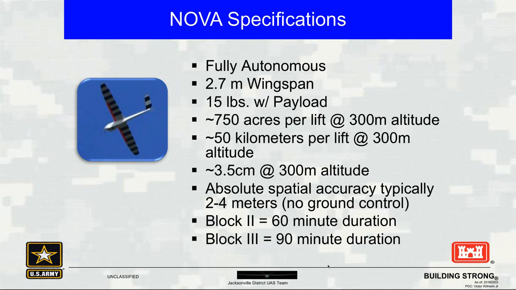These numbers may have been adjusted a little since this slide was put together, but you can get about 750 acres per flight at a 300 meter altitude, which gives somewhere around 3.5 centimeter resolution imagery, as we'll look at in the next few slides.